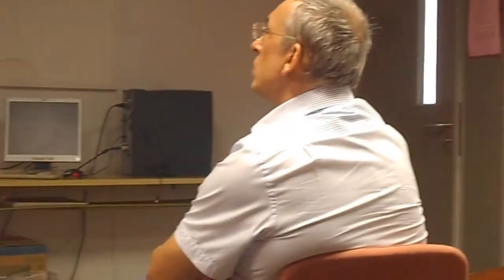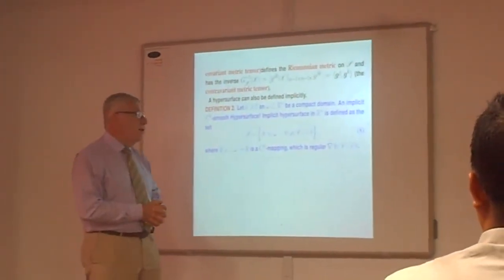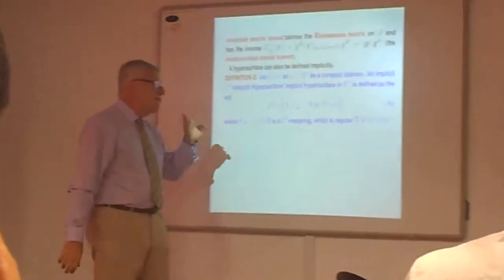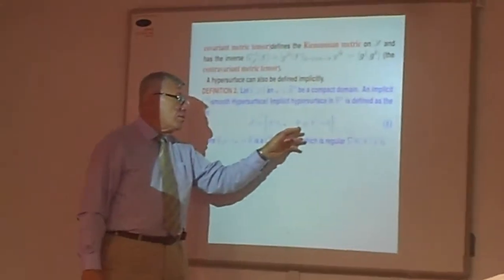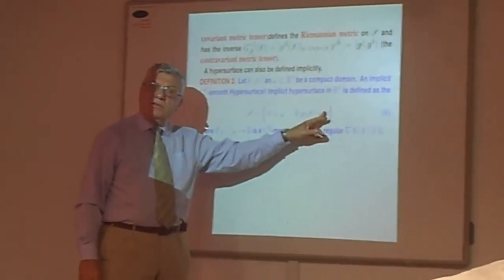Now another definition, which is simpler. You have some smooth function, which has a derivative, and you consider all points where this function is equal to 0.